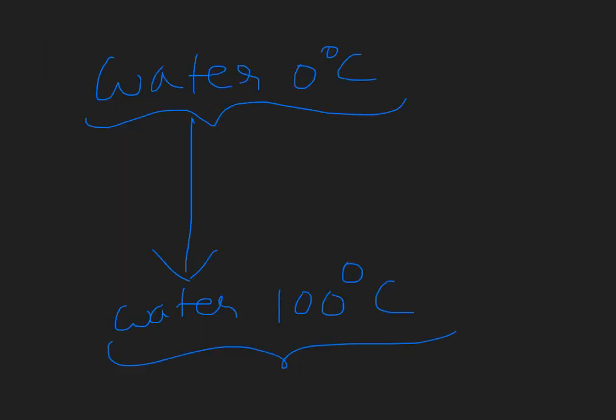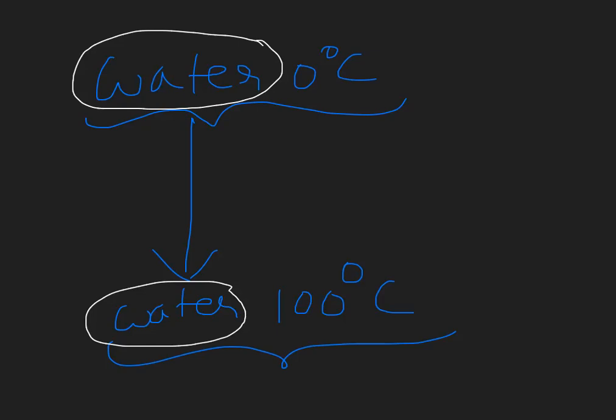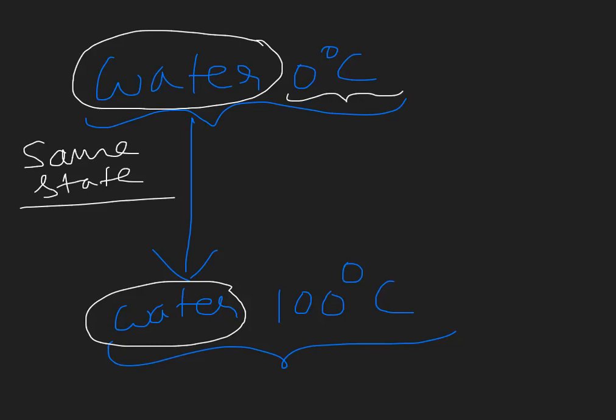Now let us observe the third step. Third step what? Water at 0 to water at 100. Water, same state, water state only. But temperature you observe 0 to 100. So temperature change.